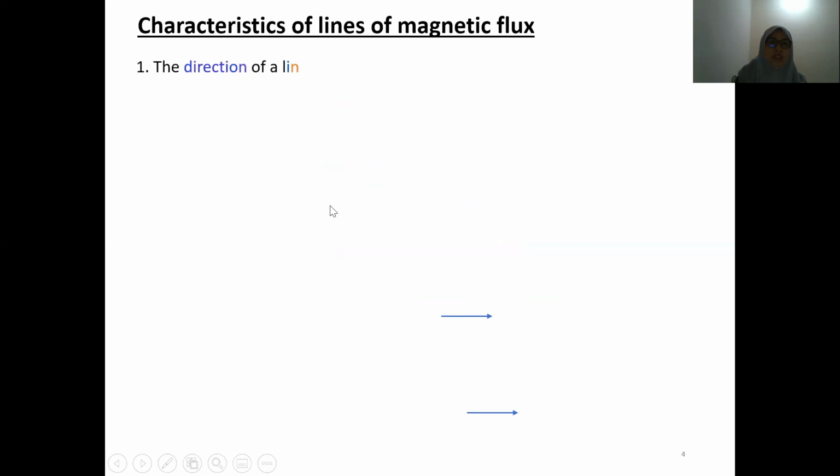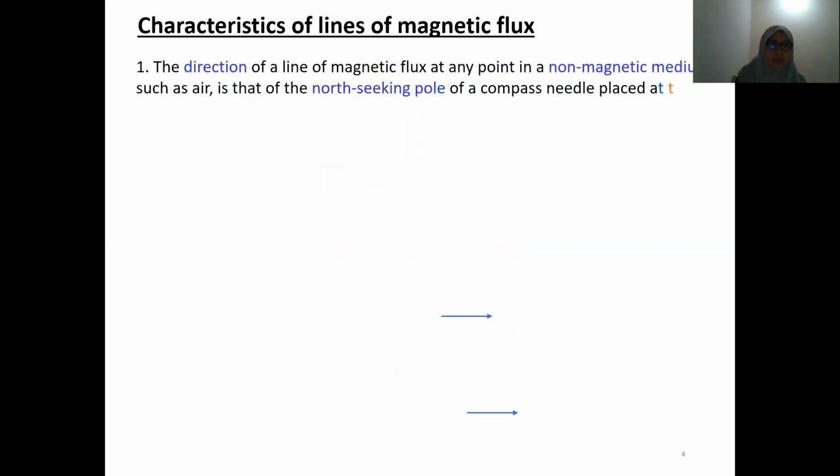What are the characteristics of the lines of flux? The direction of a line of magnetic flux at any point in a non-magnetic medium such as air is that of the north-seeking pole of a compass needle placed at that point. This is illustrated here.